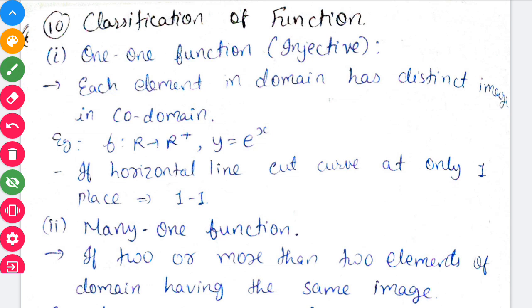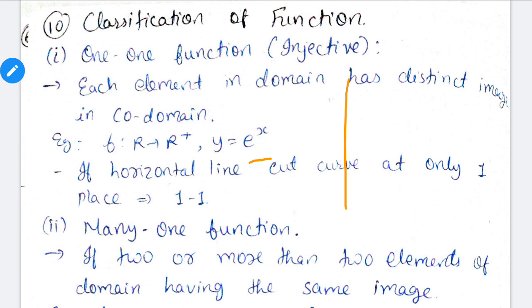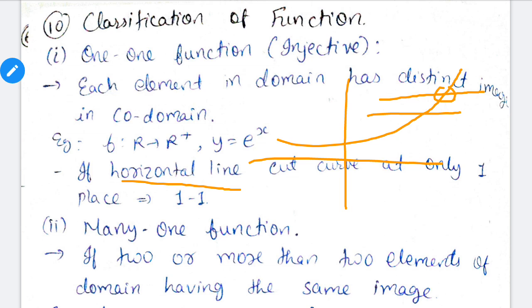Its graph is like this. So how can it be said to be 1-1? Another way is to draw a horizontal line, and if it cuts only at a single place, then it is called 1-1. So if we draw a horizontal line, see, it is cutting at only one point, then it is known as 1-1 function.